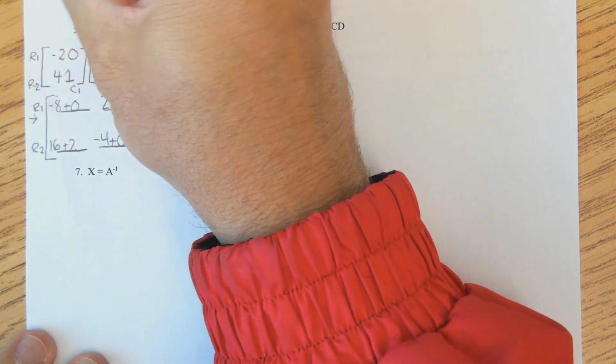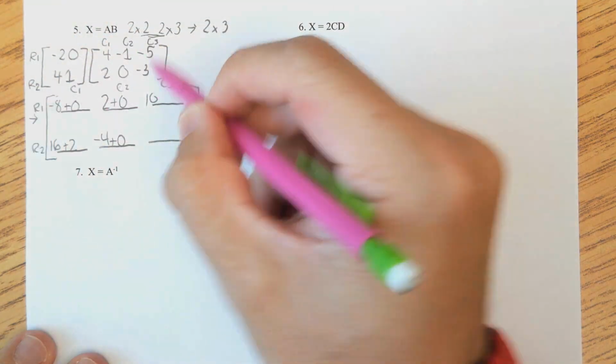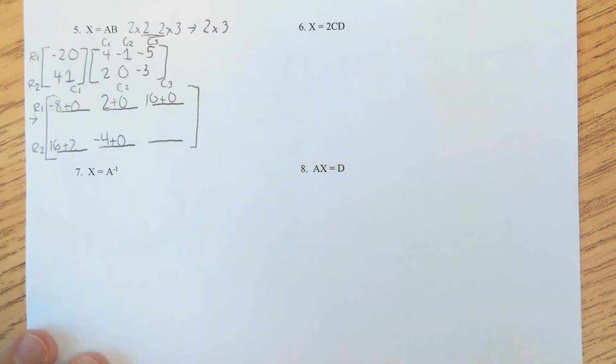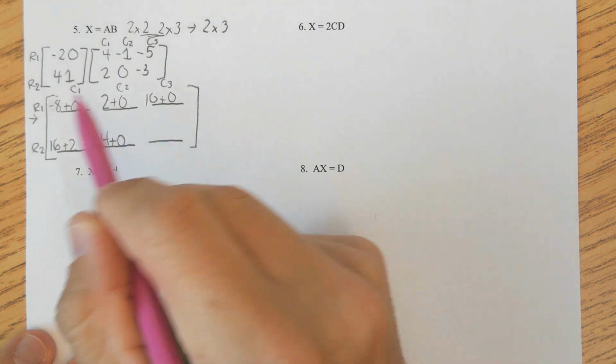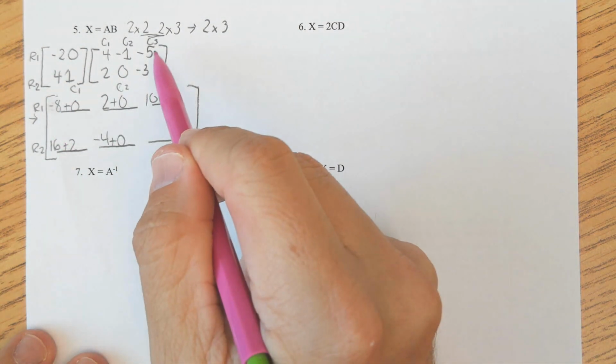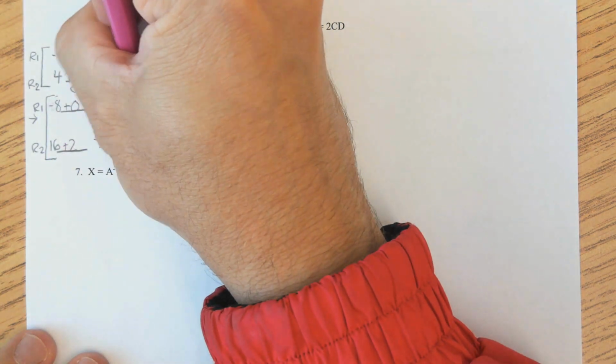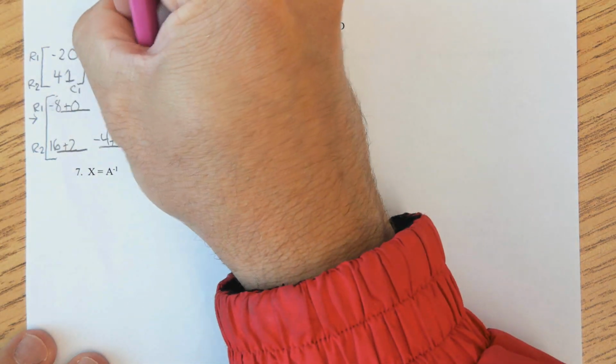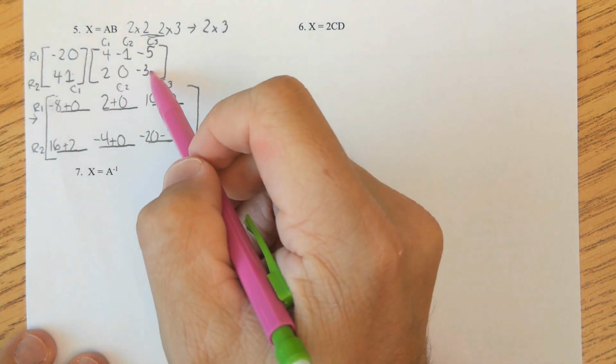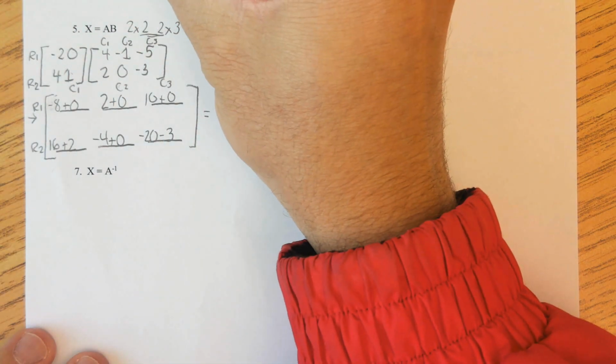So negative 2 times negative 5, that's a positive 10. 0 times negative 3 is plus 0. Row 2, column 3 now. 4 times negative 5, negative 20. 1 times negative 3, negative 3.